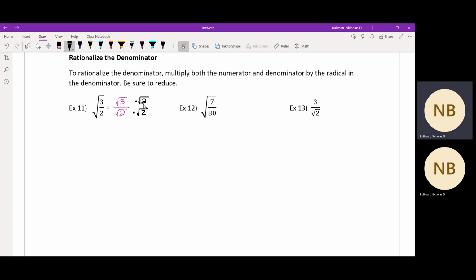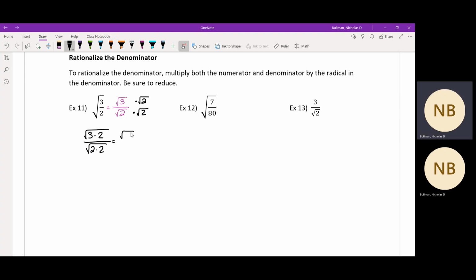This brings us back to examples 7, 8, 9, and 10, where we had to multiply square roots together. So on top, we're multiplying the insides together, which becomes square root of 3 times 2, and the bottom becomes the square root of 2 times 2.